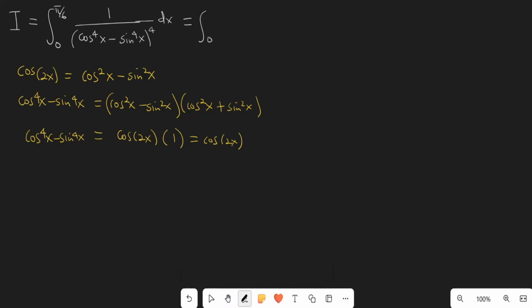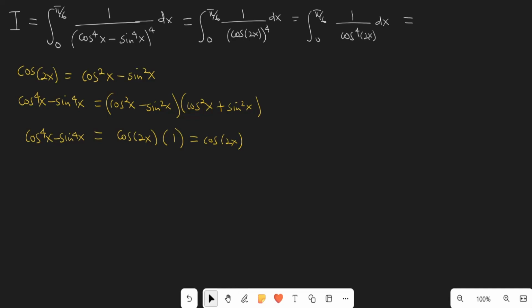So this is the integral from 0 to pi over 6 of 1 all over cosine of 2x, raised to the power of 4, dx. And this is the integral from 0 to pi over 6 of 1 all over cosine to the 4th power of 2x dx. So 1 over cosine is a secant.